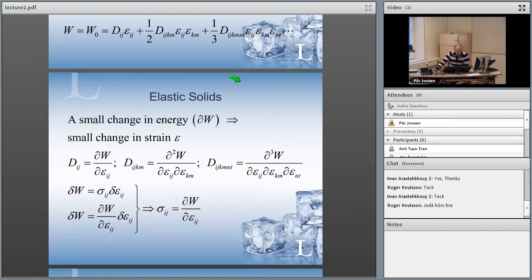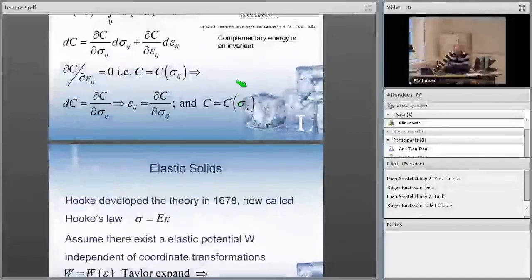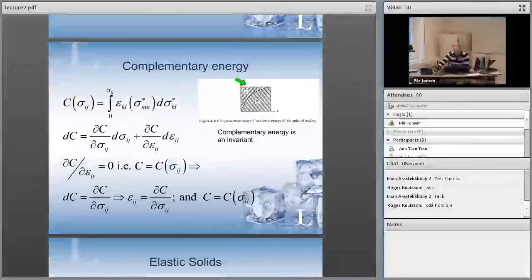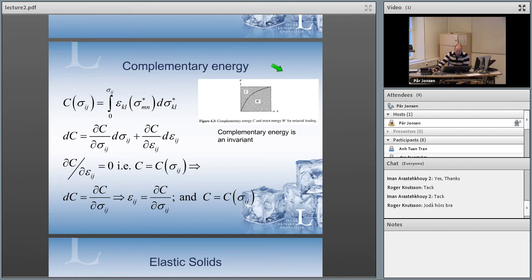So if you just make a small change in the strain energy in the system, we can use this term here, the first one exactly, because we know that the influence of the higher order will not be much. And looking at these curves above, I can go back to that one. We have the stresses and we have the strains, and we build up the complementary energy and the strain energy.